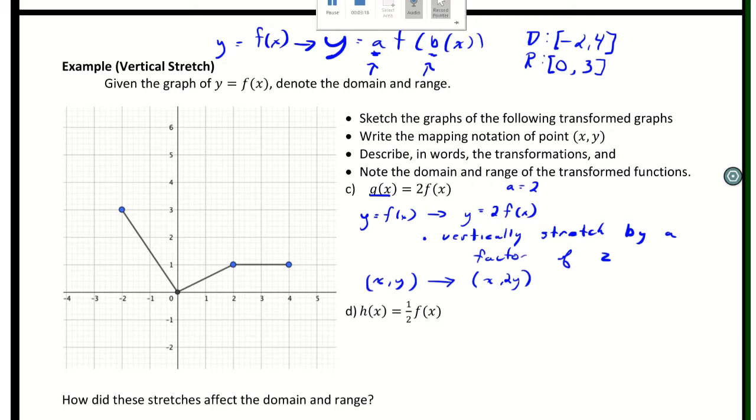Let me visit the graph here and put this mapping notation, the point notation, to use. (-2, 3) becomes (-2, 6). (0, 0): we're multiplying the y values by 2, and since the y value of this point is 0, it remains at 0. (2, 1) becomes (2, 2). (4, 1) becomes (4, 2). So here we have 4 very important points on the graph. Let us connect those dots.